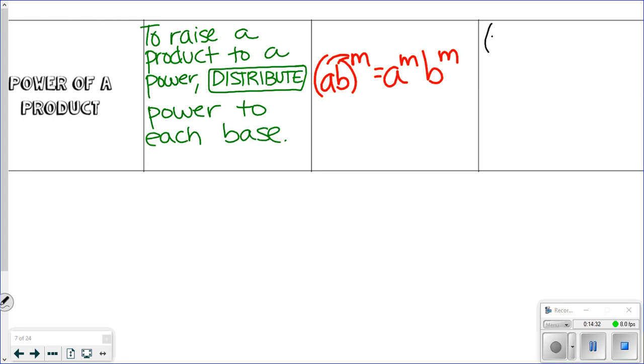Two examples. Okay, I want you to try both of these and see what you can come up with.